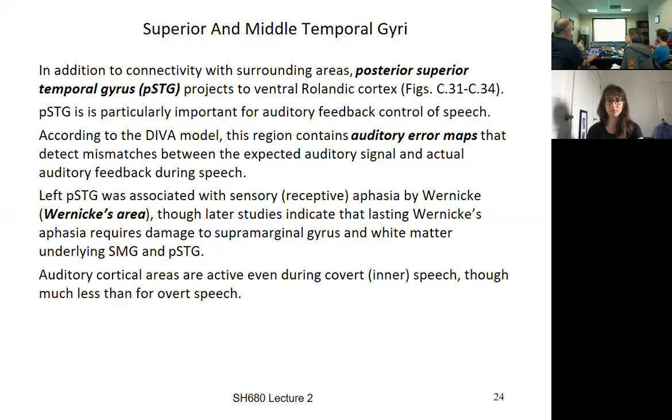Also, if you're watching a moving mouth, it activates the auditory cortex even if there's no sound. How many of you have heard of the McGurk effect? Everyone? That's an example where you hear something different, and you really think you're hearing it, depending on whether you're looking at a moving face or not. So with the exact same sound, if you close your eyes, you hear it as a completely different phoneme.